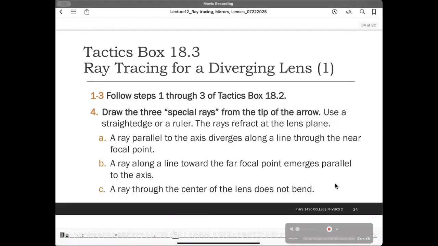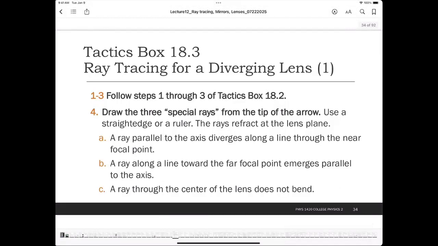Okay, let's talk about how to do ray tracing for a diverging lens. The first three steps are exactly the same as the ray tracing for a convergent lens, in text box 18.2.